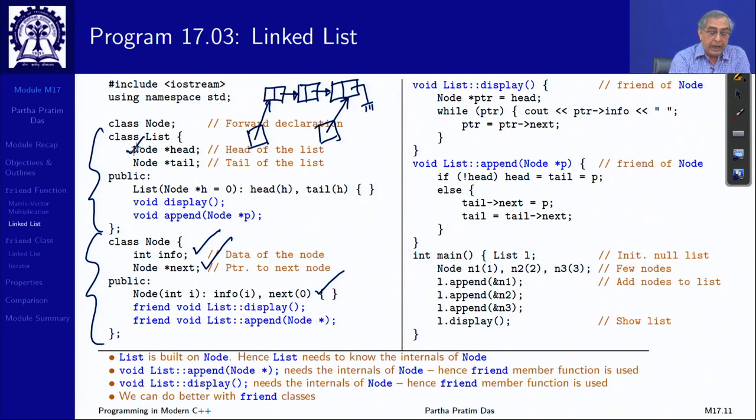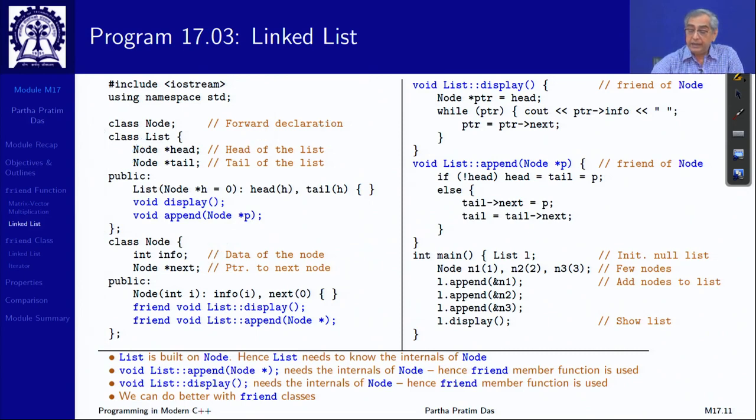So, I have a pair of node pointers. What I have is a pair of classes which are interdependent. You can easily see that list is making reference to node, so they are interdependent.